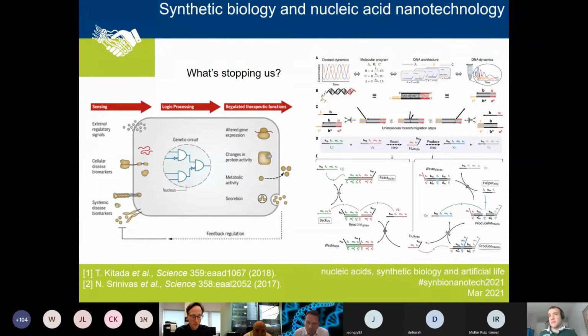There are several reasons why he was interested in that. One in particular was the idea that building transcription factor circuits is quite burdensome for the cell, and it might be better if we could do things at a nucleic acid level, and other things to do with predictability and programmability of the circuits that you're building.